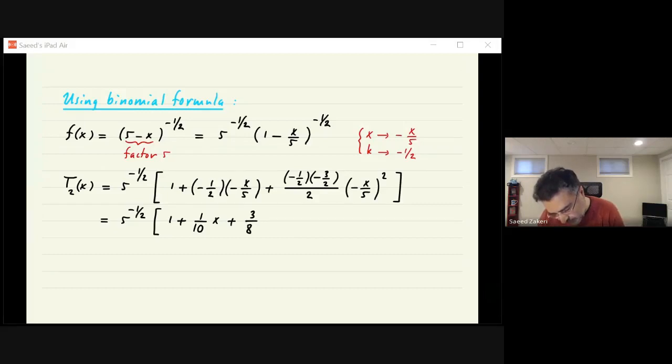And I have a 25 here on the bottom. 8 times 25 is 200. x squared.